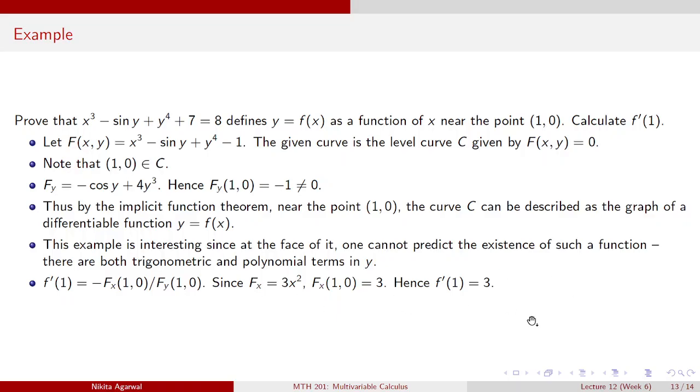So it's just a simple computation now. You've already computed F sub y at the point. You just need to compute F sub x. F sub x here is 3x cube. At the given point it comes out to be 3, and therefore you get minus 3 by minus 1, which is 3. So f prime of 1 comes out to be 3.